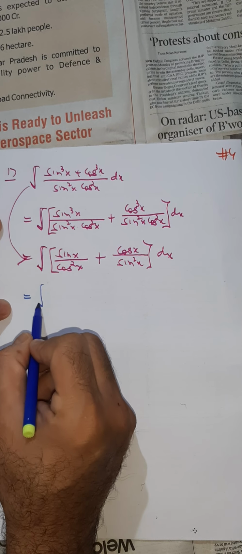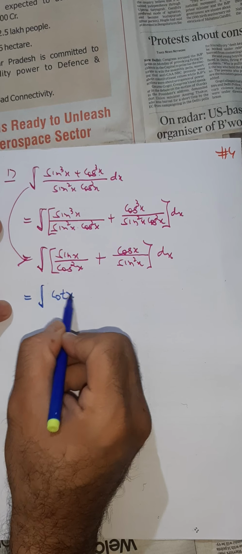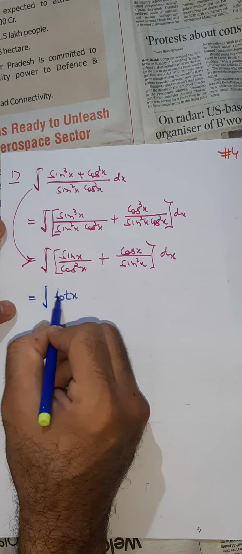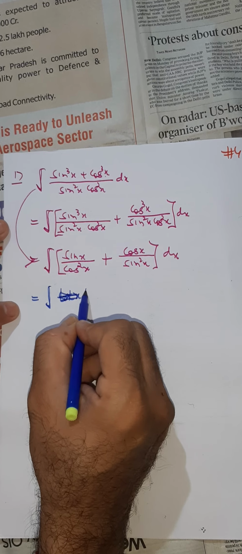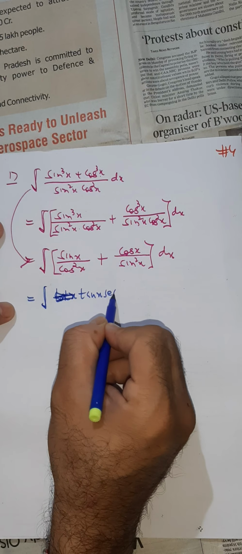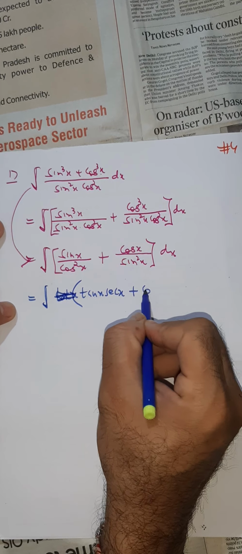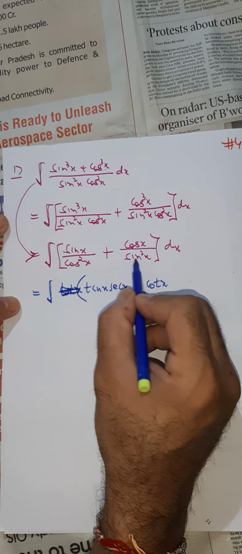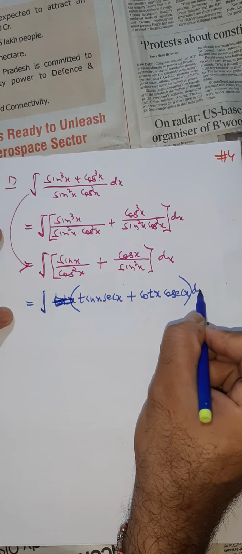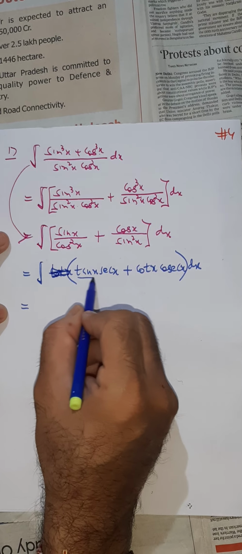Now what is this? Sin upon cos is cot, and one more cos, sin upon cos is tan, and here one more cos is left, which is sec x, plus cos upon sin is cot, and one more sin is left, which is cosec x, the whole dx. And now both are standard functions.